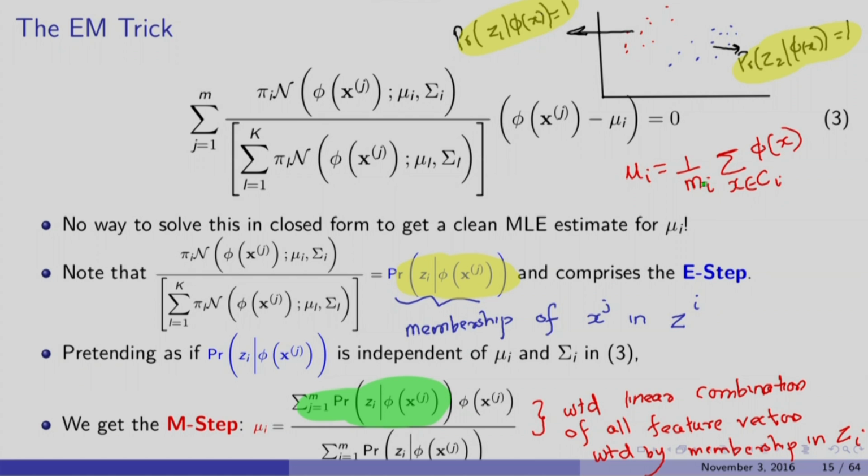Earlier, the membership was equal across all points that belong to that cluster. We will now need to apply the same trick for estimating the parameters pi I and sigma I, and in all cases we will consider variations of the Gaussian discriminant analysis estimates, but using the weights which correspond to the membership of points to clusters.